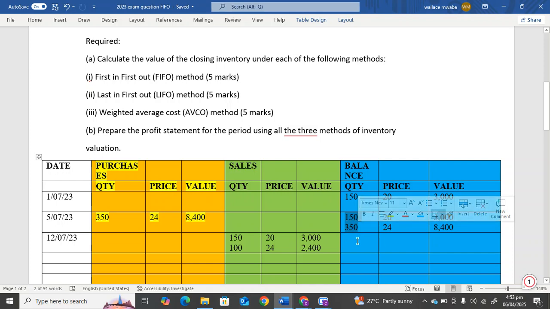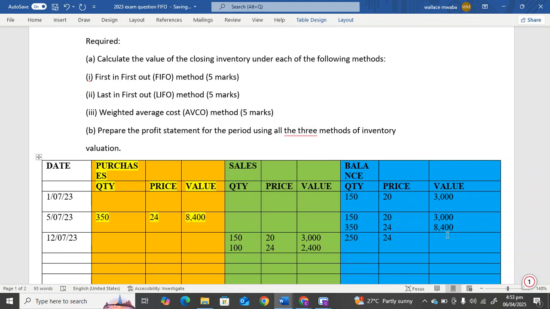We've sold 250, so we've remained with 250 goods, valued at 24 kwacha. So 250 times 24 is 6,000.